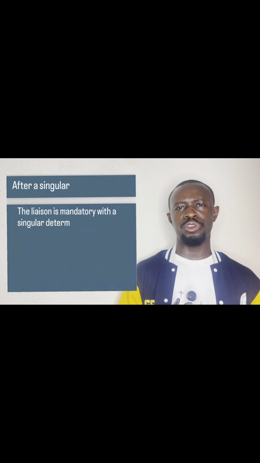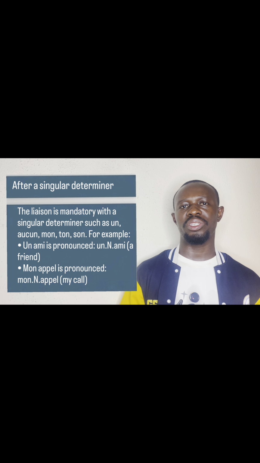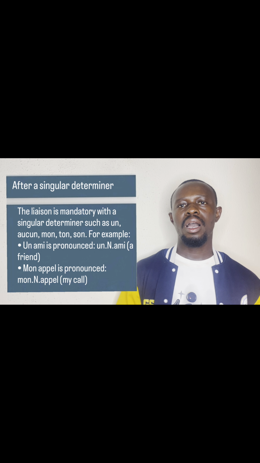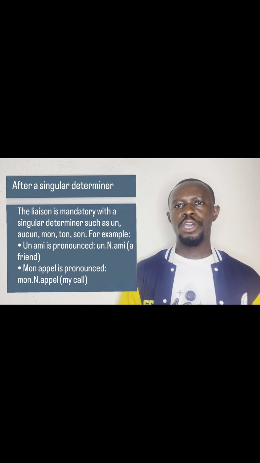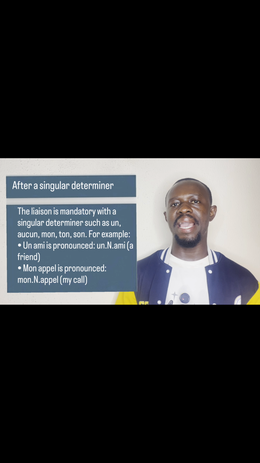The French liaison is required after a singular determiner. The liaison is mandatory with a singular determiner such as un, aucun, mon, ton, son. For example, we have "un ami". So we say "un ami". We have "mon appel". So we say "mon appel".